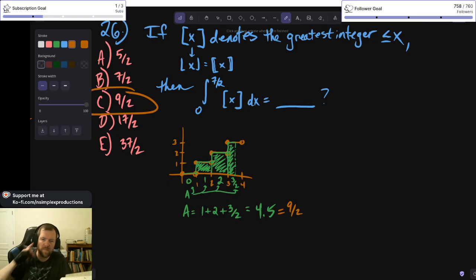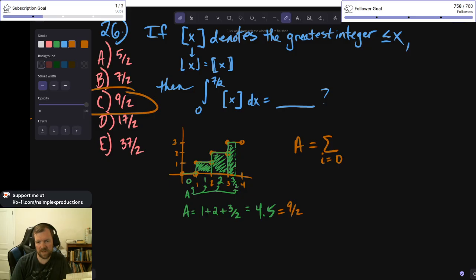Another way to realize this might have been that if you recognize that the area was going to be the sum as i goes from 0 to, let's see, the limit was going to be 7 halves, right?